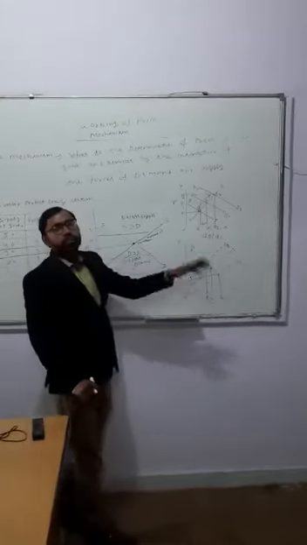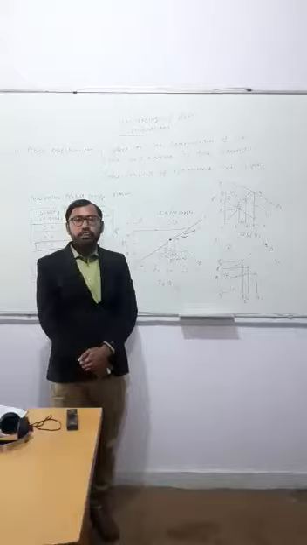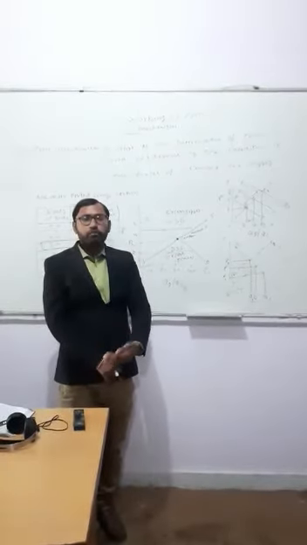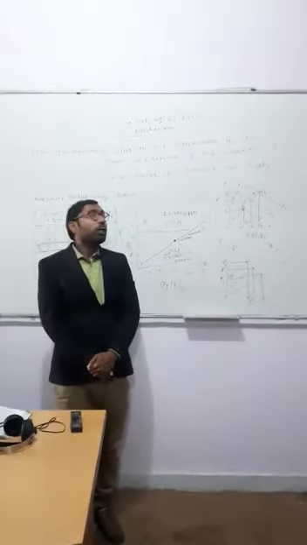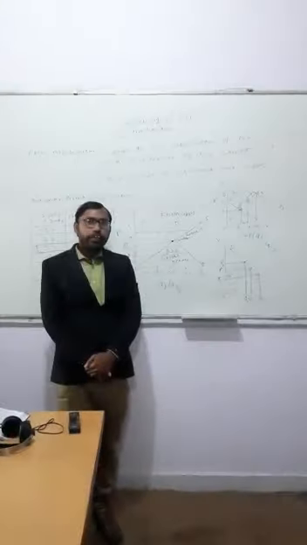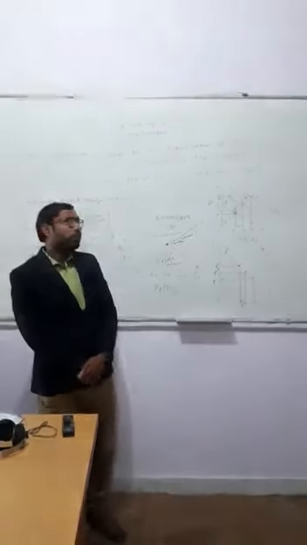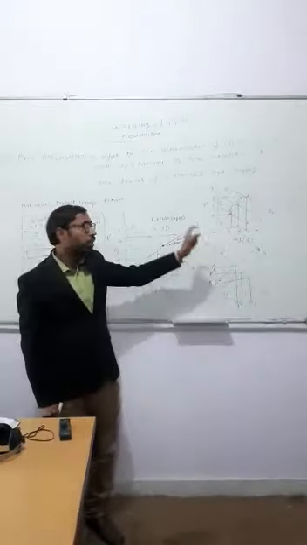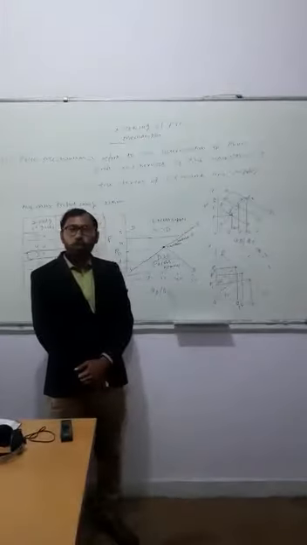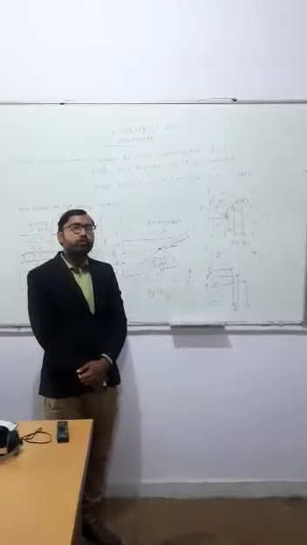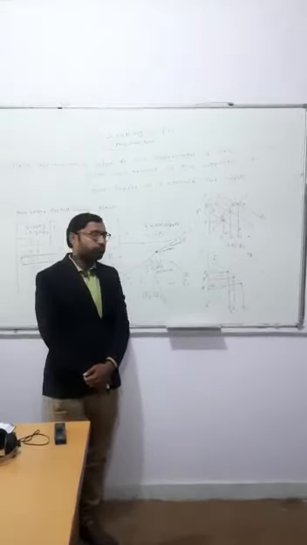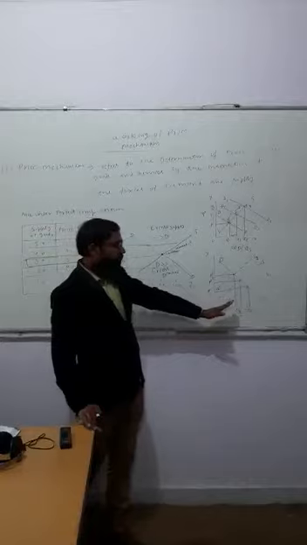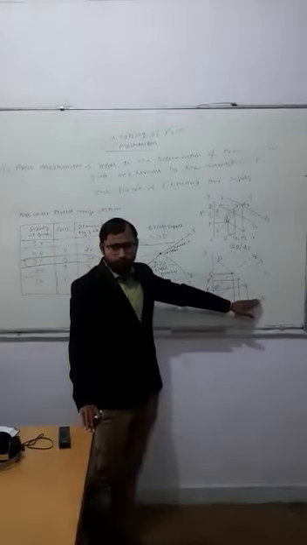So when supply is constant and demand is increasing, equilibrium price will rise and equilibrium quantity will also rise. And when supply is constant and demand is decreasing, equilibrium price will go down and equilibrium quantity will also go down.